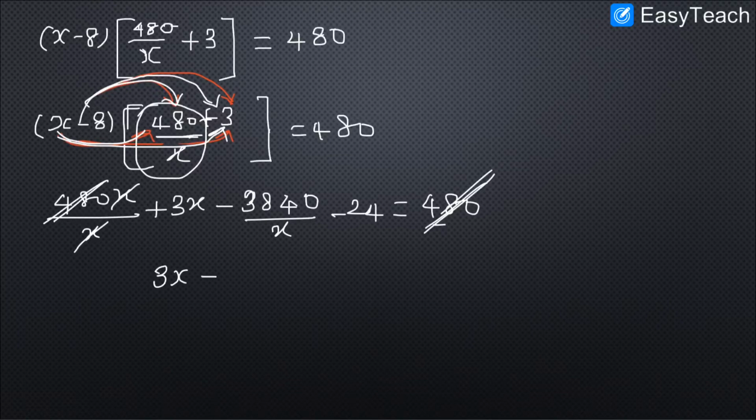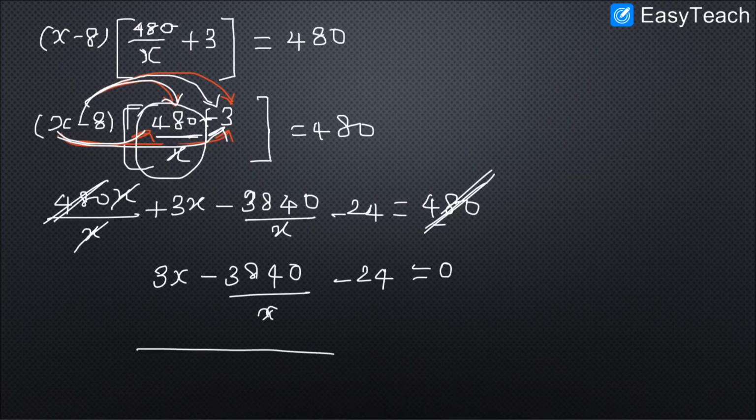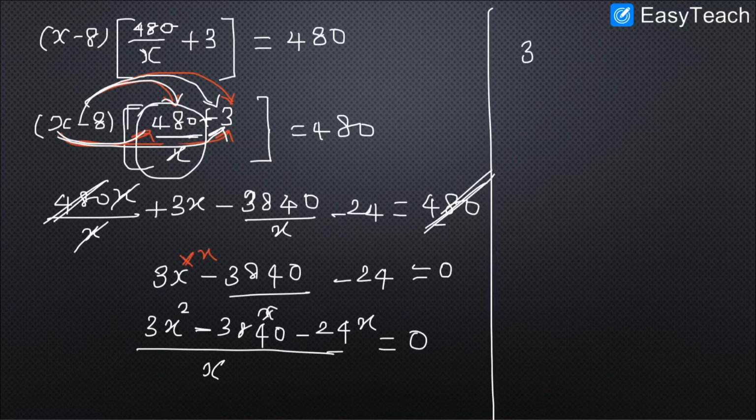The remaining is 3x minus 3840 divided by x minus 24 equals 0. Let's take the LCM for these three terms, which is x. So 3x square minus 3840 as it is minus 24x equals 0.